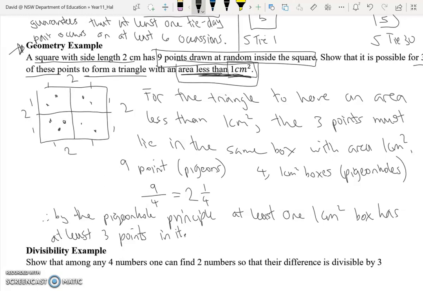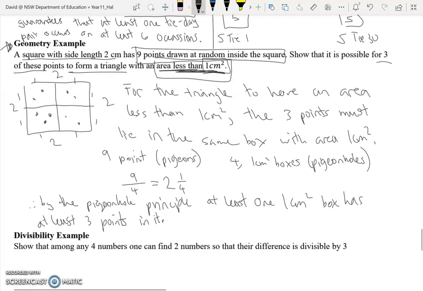And that doesn't fully answer the question, does it? I've just kind of quoted the pigeonhole principle. Now I'm going to make sure I've addressed the question. So show that it is possible for 3 of these points to form a triangle with area less than 1 square centimeter.